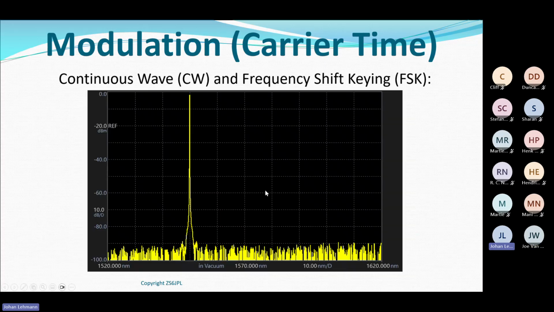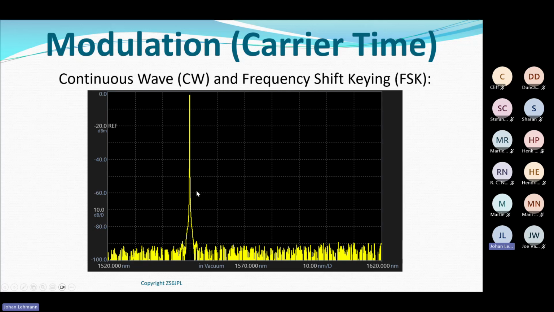Why are they still used today? People will ask. They are incredibly efficient. All the information that I'm transferring sits in my carrier frequency. And this is a representation of my carrier frequency in the frequency domain. Remember last week we spoke about the time domain and the frequency domain.